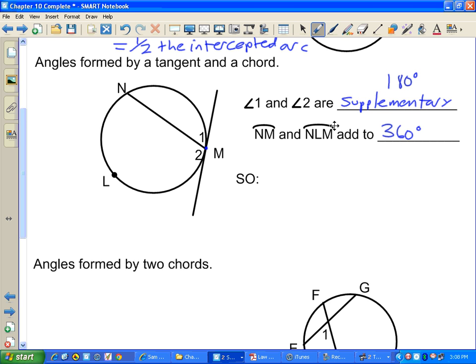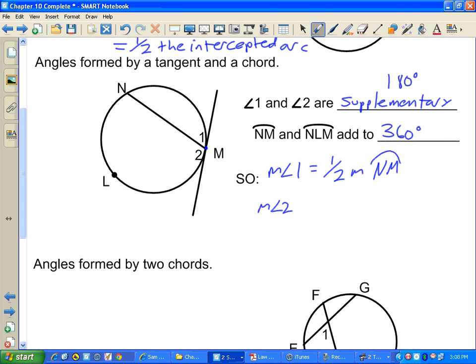Okay, well, if these two angles make 180 degrees and the two arcs make 360 degrees, what we get is there's a 2 to 1 ratio between the arc and the angle. So that means that the measure of angle 1 is half the measure of arc NM.